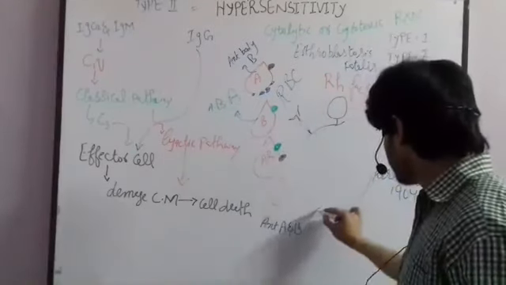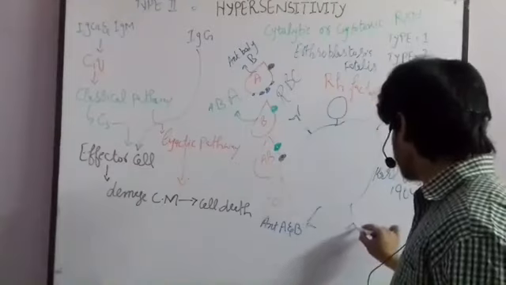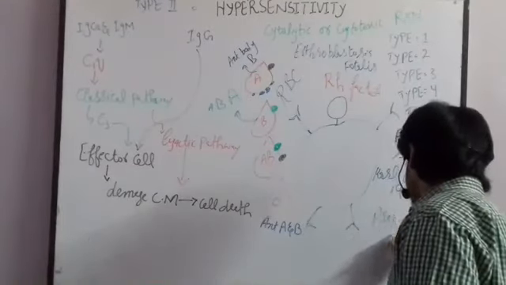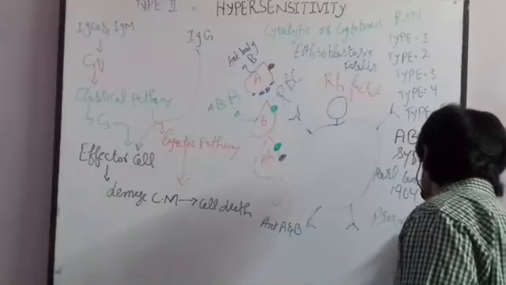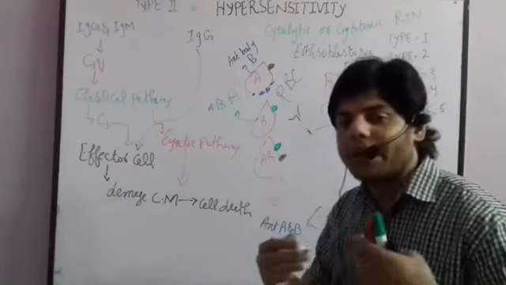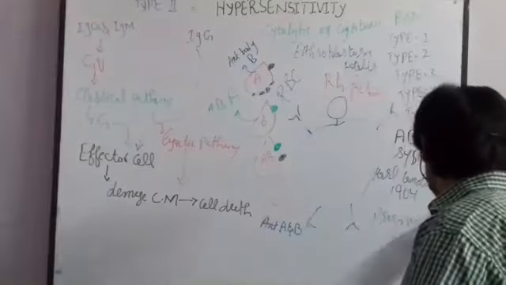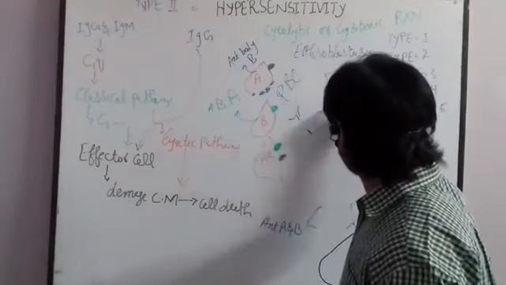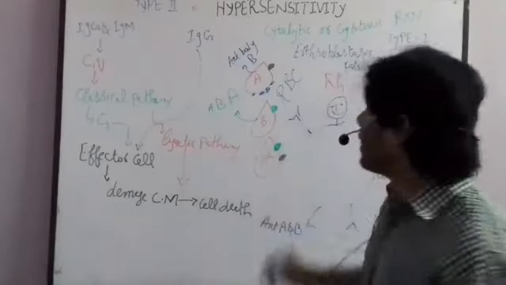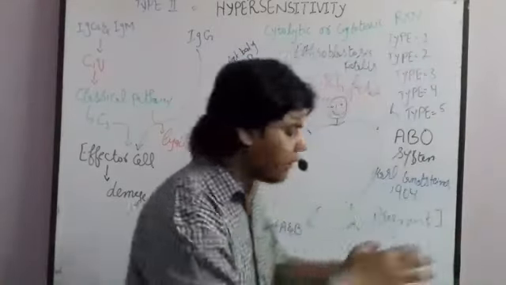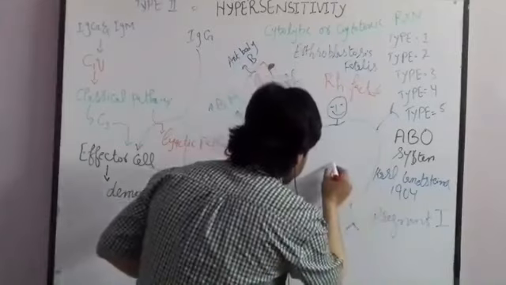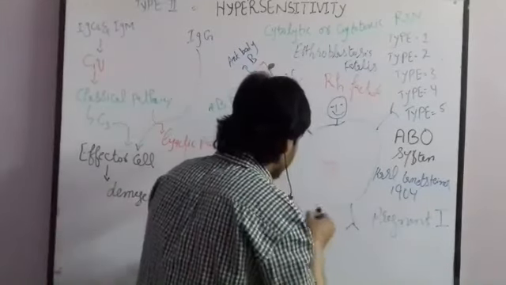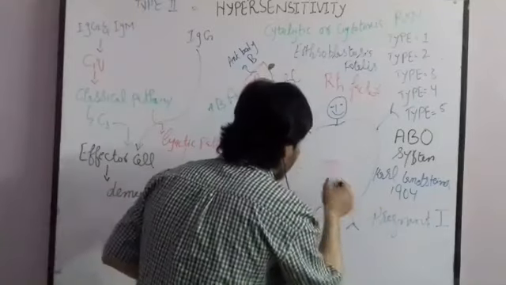Now let's suppose this mother is pregnant, and let's suppose this is pregnancy case number 1. In the first case, what actually happened? This mother has her own child, so let me draw the fetus here.